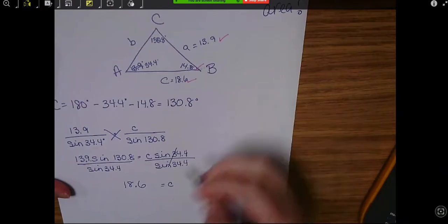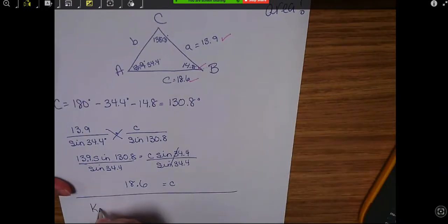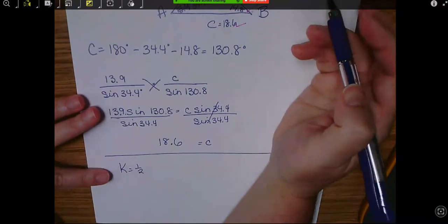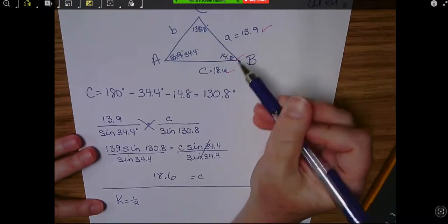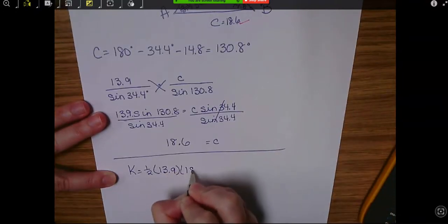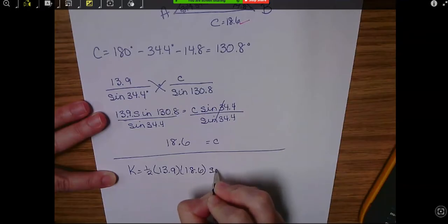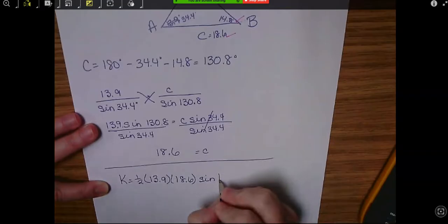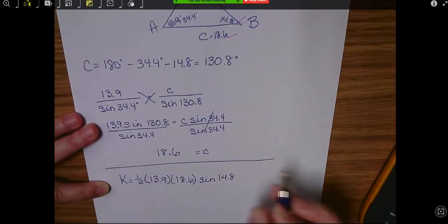Okay, so here we go. K equals 1/2 times my two sides. My two sides are 13.9 and 18.6, sine of the angle in between them, which is 14.8. Okay.